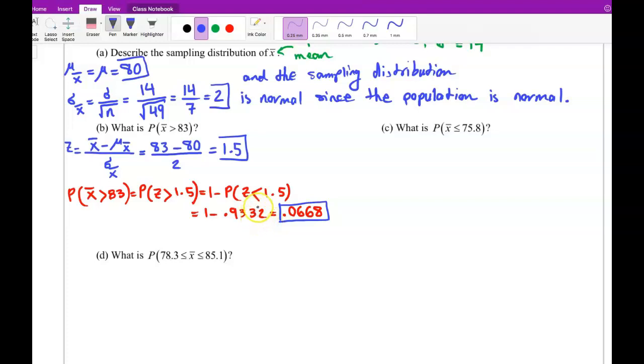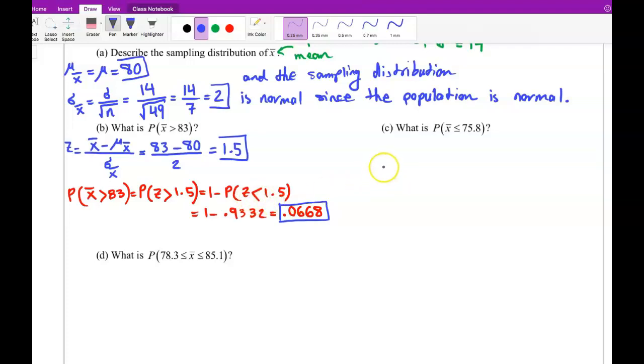If you remember, since this one is greater than 1.5, this is a right tail, and when you need to find the right side, you need to subtract. So you should subtract 1 minus what you have on the left. This was in the previous chapter.